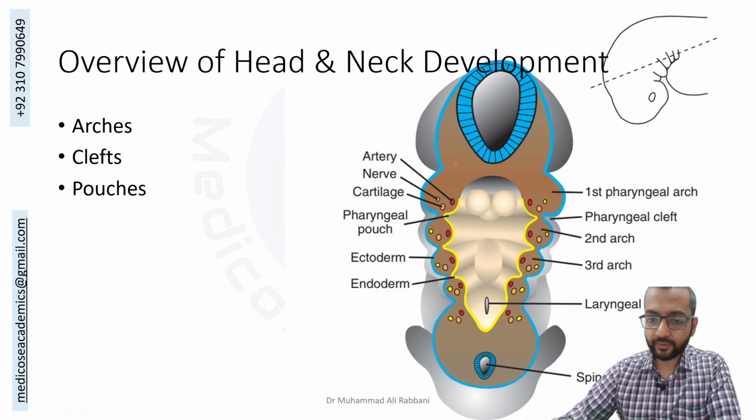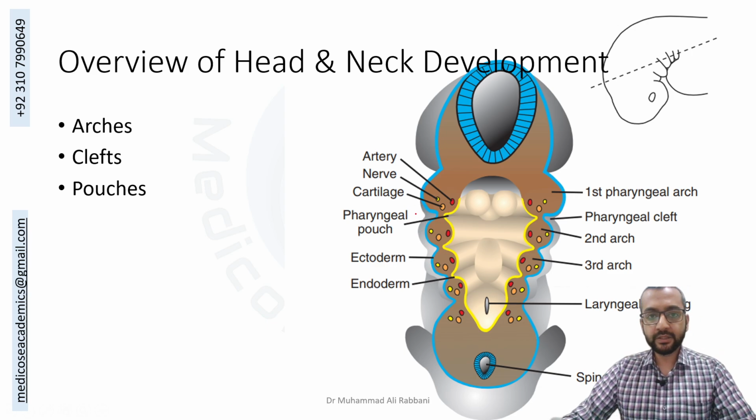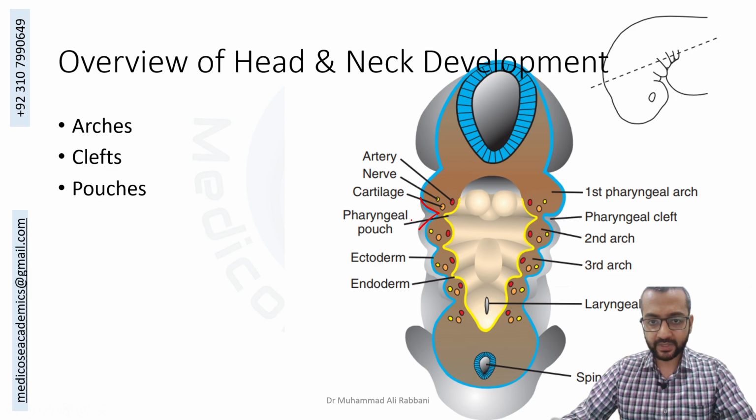On the outside, between the first arch and the second arch, this is a pharyngeal cleft, and this is another pharyngeal cleft, and this is another pharyngeal cleft. On the inside, this is a pharyngeal pouch, this is a pharyngeal pouch.